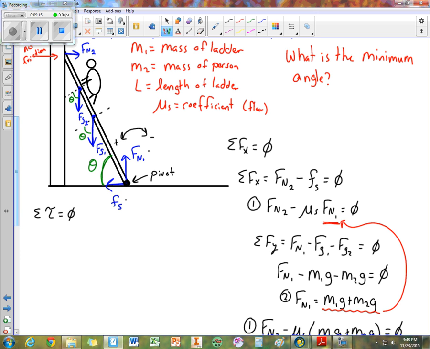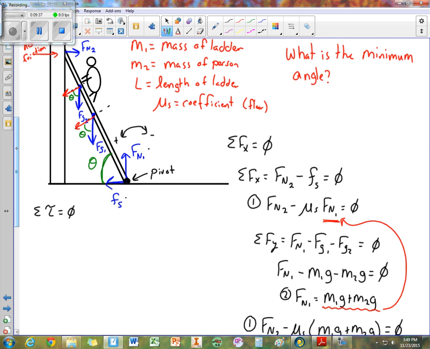Only forces that are perpendicular to the lever arm cause a torque. So for this Fg2, we want to get its perpendicular component. This Fg1, we want to get its perpendicular component. All right. So notice that Fg1 and Fg2 create positive torques.